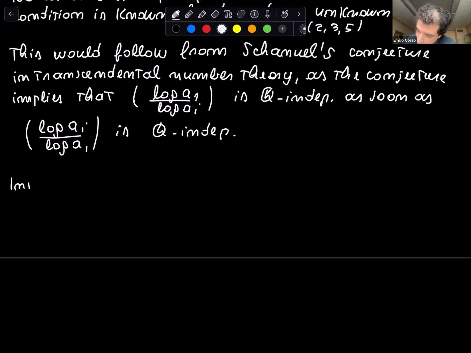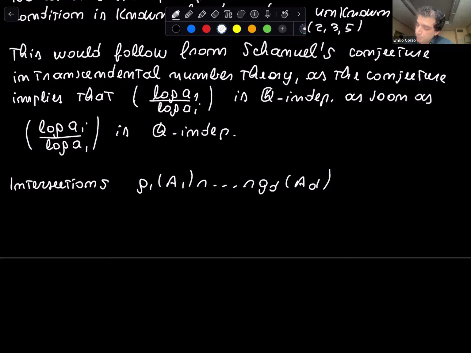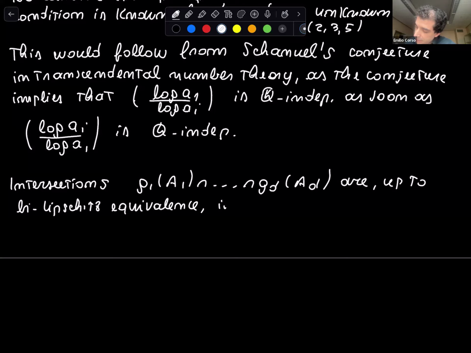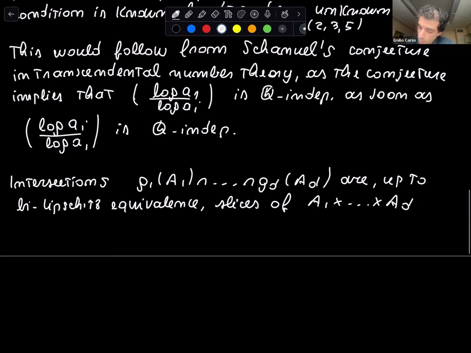So intersections of the form which appear in Han Yu's result, G1 A1 intersected with GD AD, where the GI are affine bijections, are up to Lipschitz equivalence intersections, slices of the product A1 times AD with affine lines in RD.